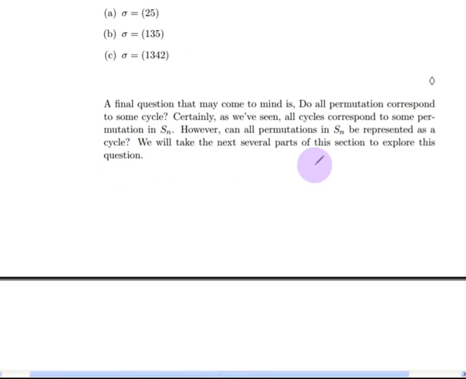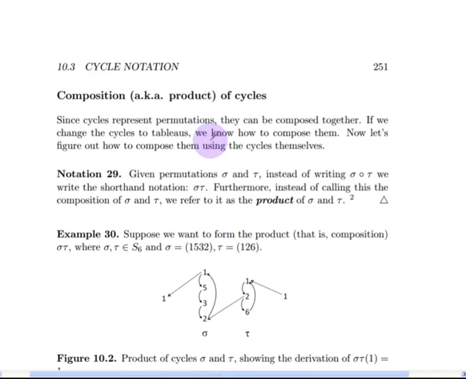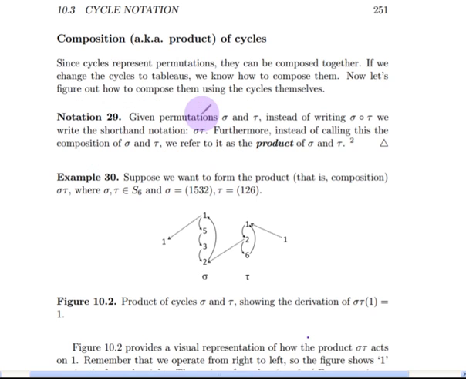Now, so far we've seen big cycles and small cycles, and the question is, do all permutations correspond to some single cycle? And in fact, that's not true. We'll revisit that point in a minute. Now, we know that cycles represent permutations, and we can compose permutations because permutations are functions.